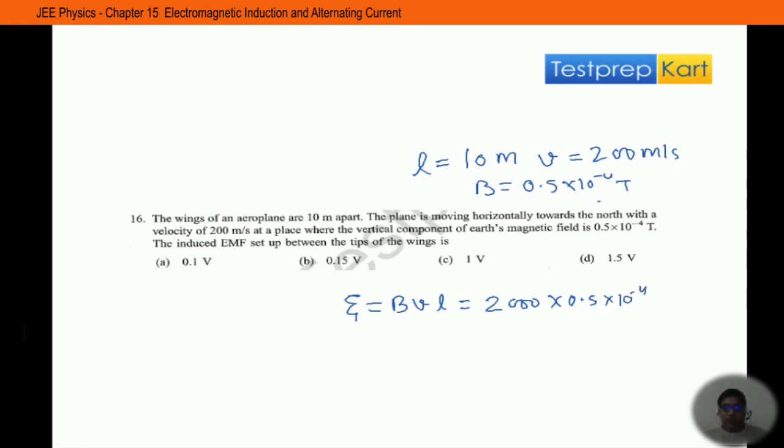Okay. So if we multiply it, we will get 1000 into 10 to power minus 4, so that is 0.1 volt. So correct answer is 0.1 volt, option number A.